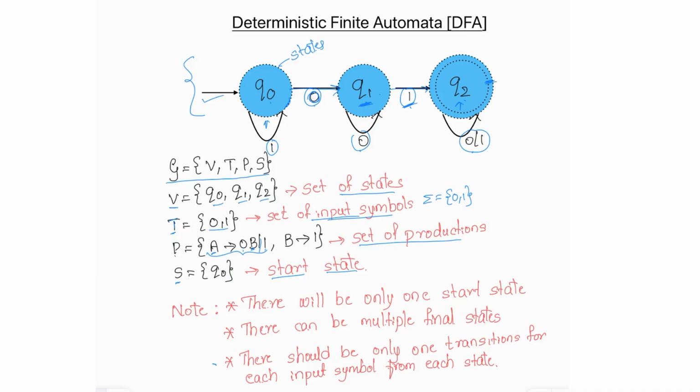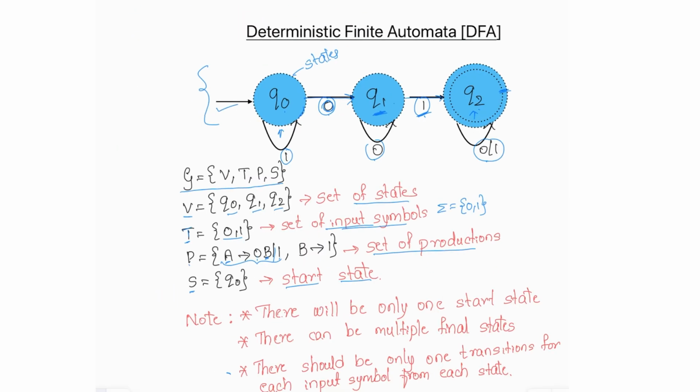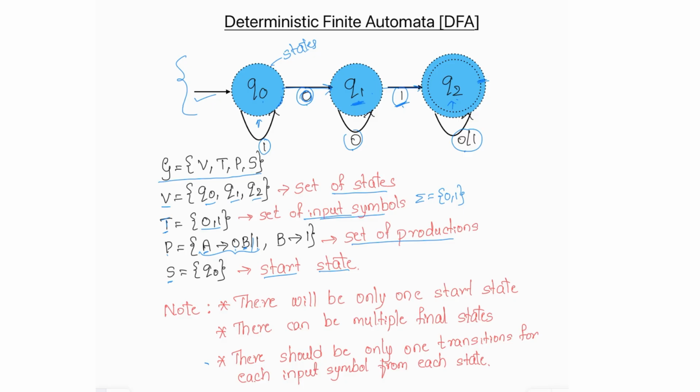Now we can also see here there are loops. These are called self loops.